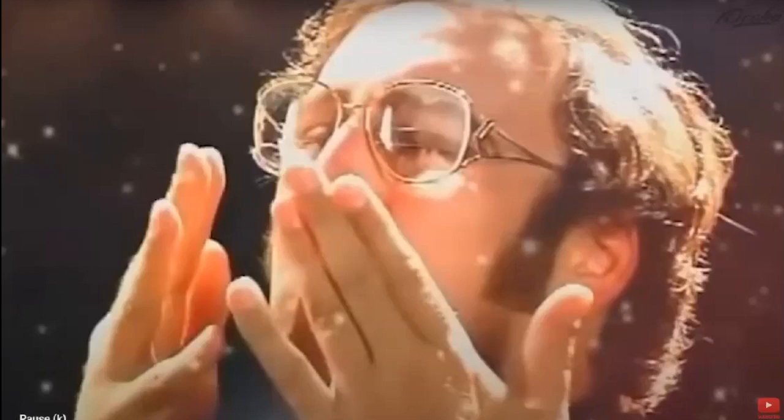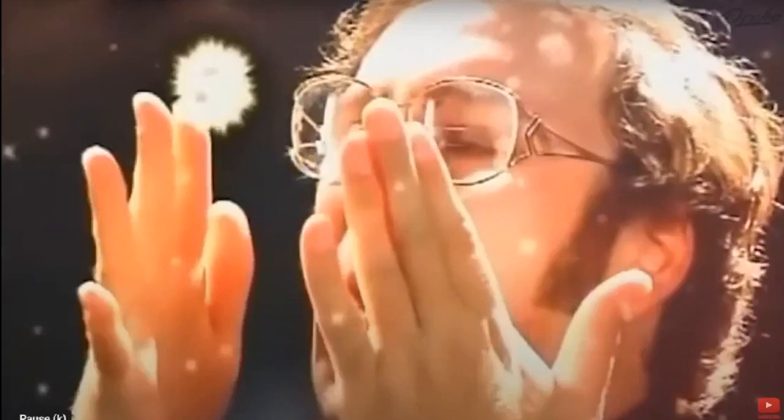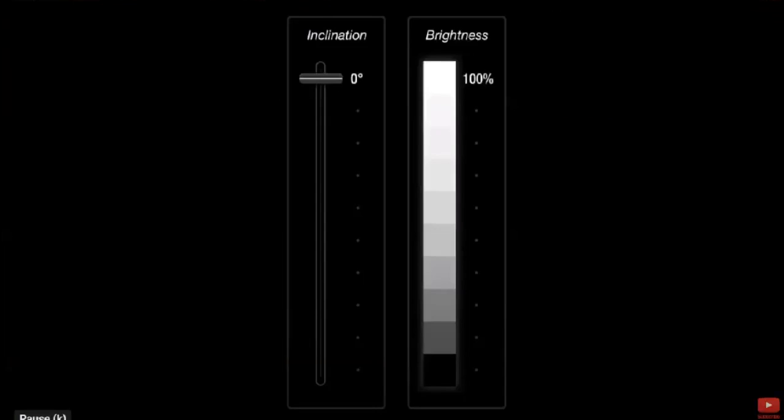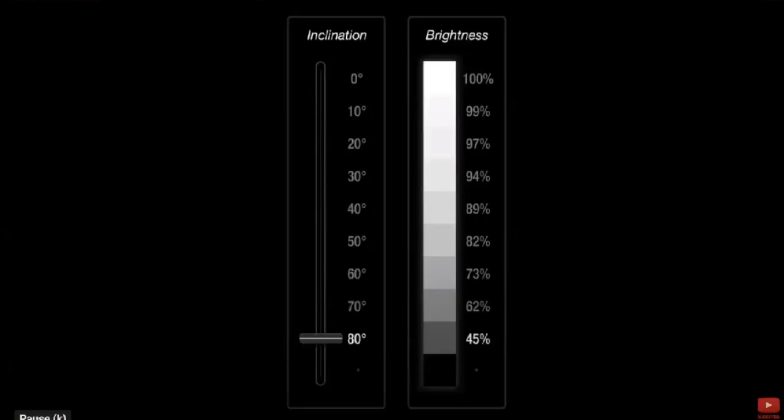At 10 degrees rotation, we go from 100% brightness down to 99%. How is that possible? Well, here's the entire scale. 100, 99, 97, 94, 89, 82, 73, 62, 45, and 0.